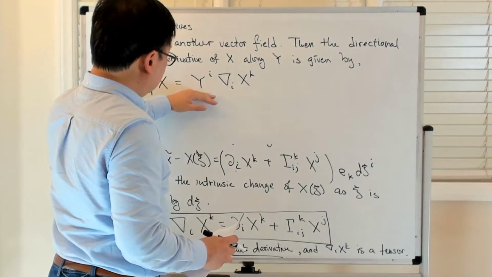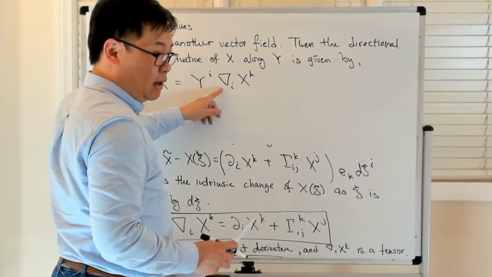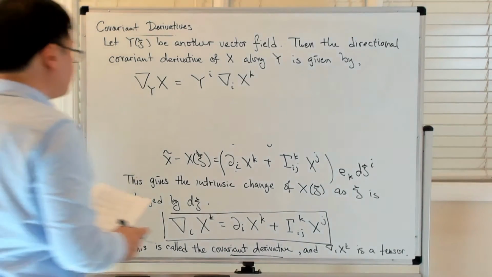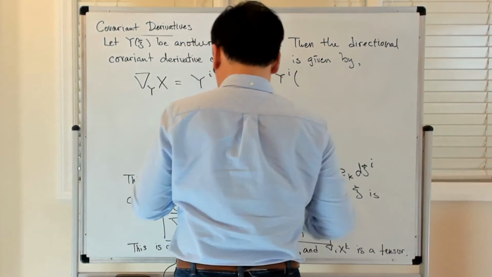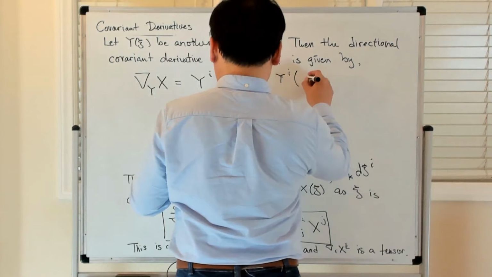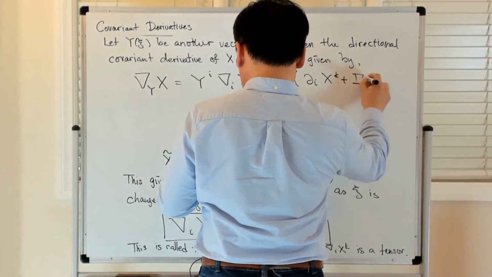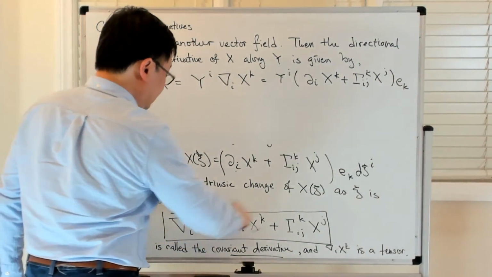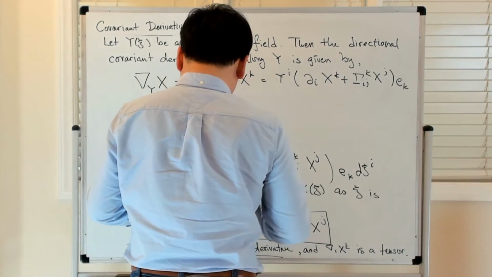All right. So you can think of this as being something like the dot product of Y with the nabla operator, which you sometimes see in vector calculus, right? So that is equal to Y^i nabla_i x^k. So it's just this expression here. Well, technically it's this expression.